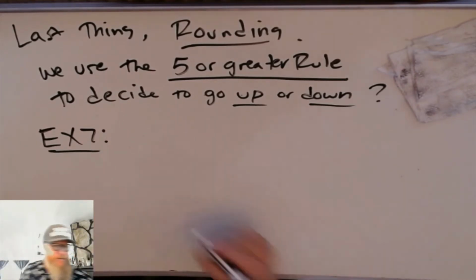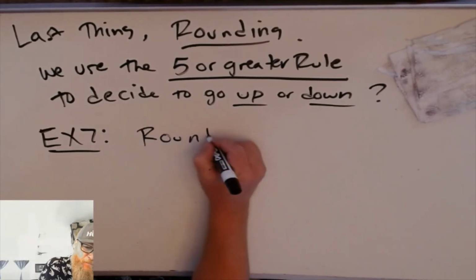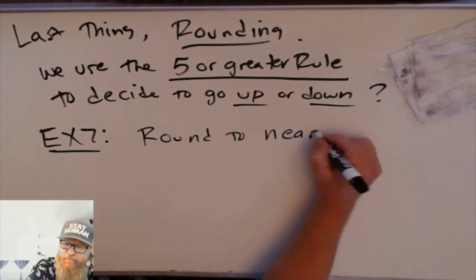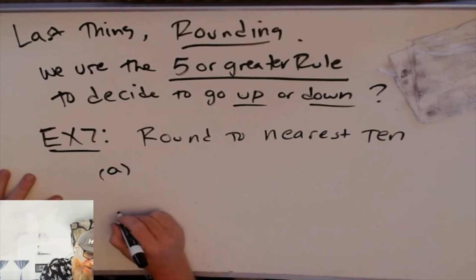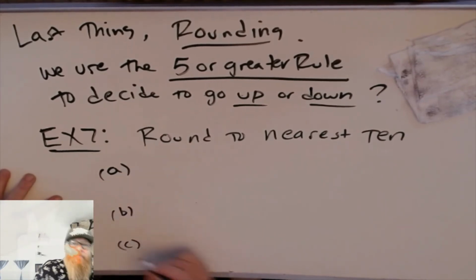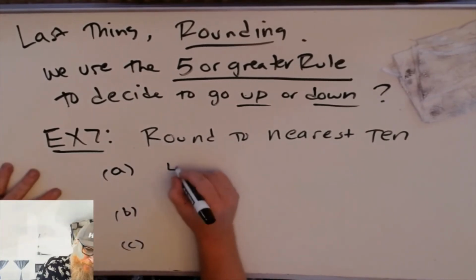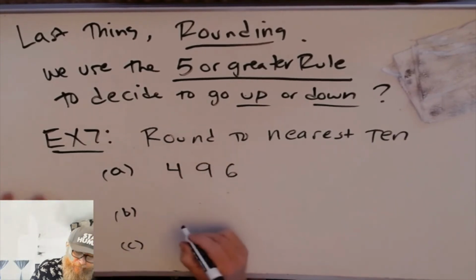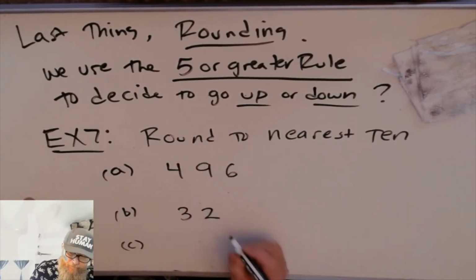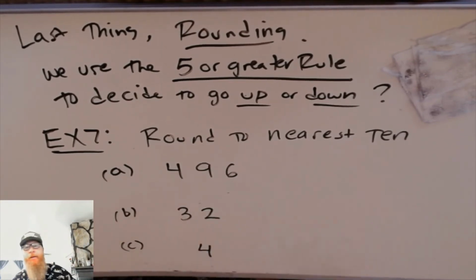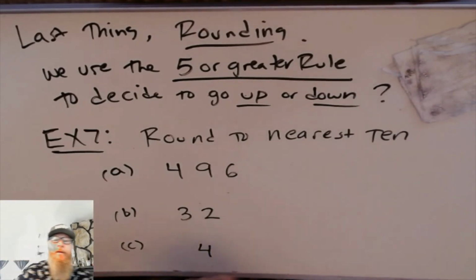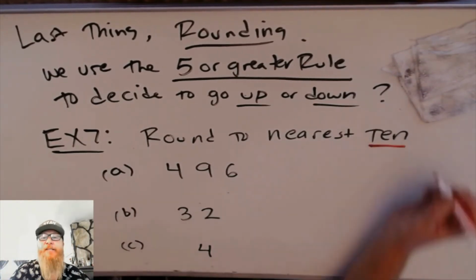Okay. Let's start with rounding to the nearest. Let's do tens. This one is going to have a part A, B, C. Okay, so round to the nearest 10.